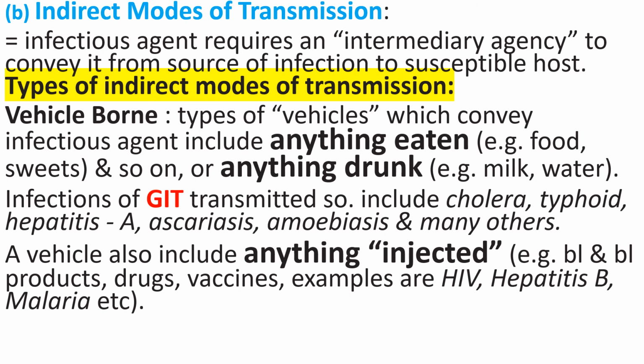Indirect method of transmission. Infectious agents require an intermediary agency to convey it from source of infection to susceptible host. Types of indirect modes of transmission: vehicle-borne. Vehicles are anything eaten, anything drunk, anything injected.